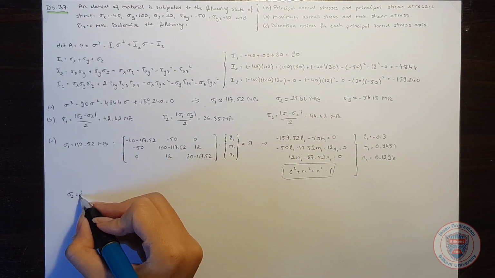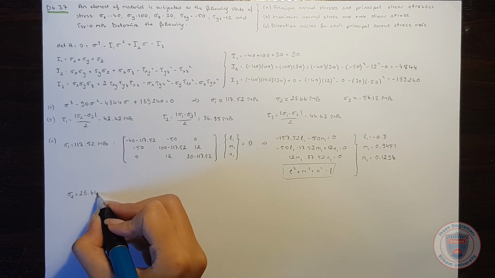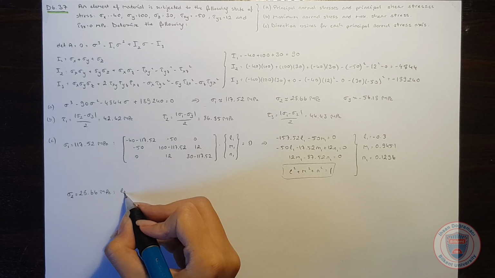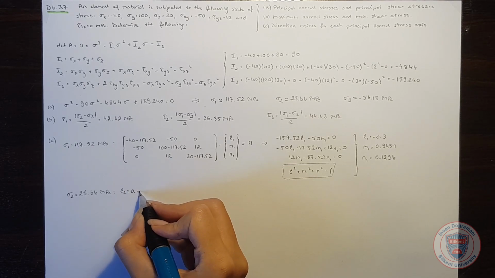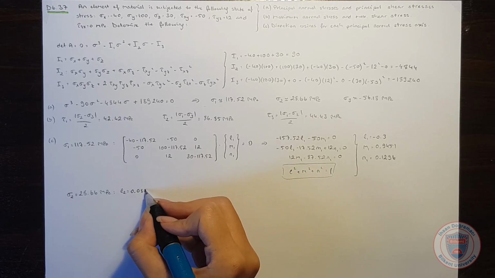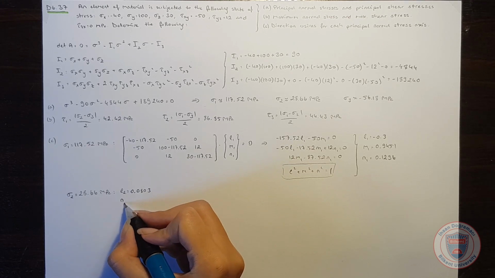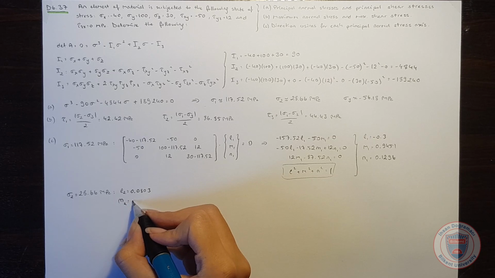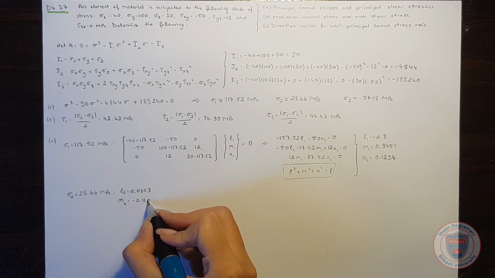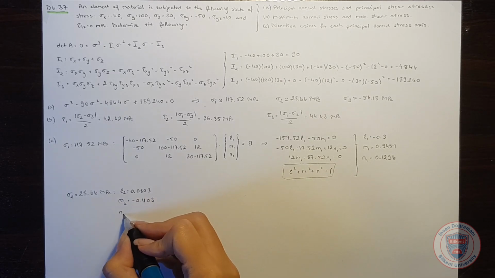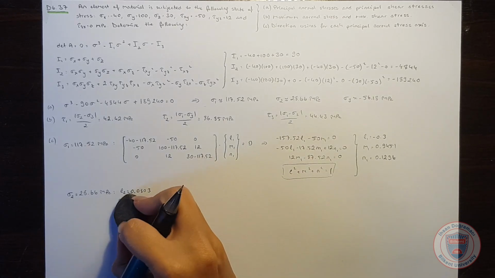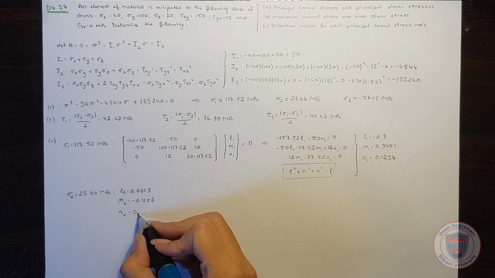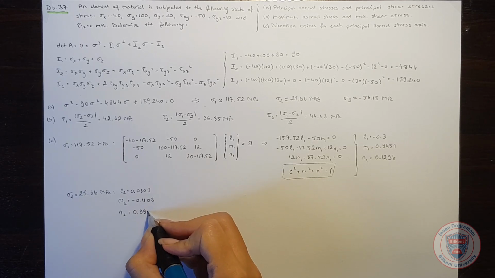For sigma 2, L2 will be equal to 0.0803, M2 will be equal to minus 0.1103, and N2 will be equal to 0.9906.